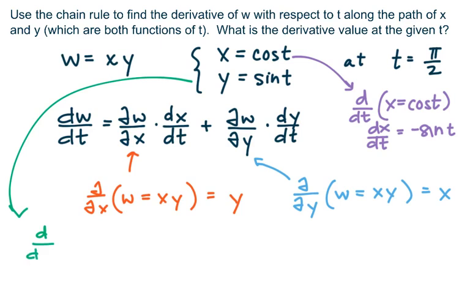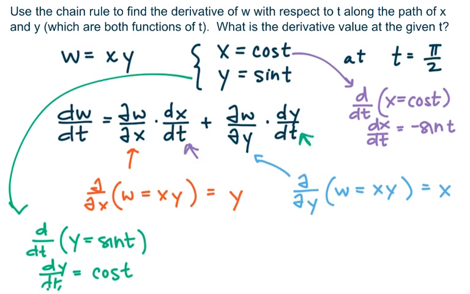The derivative with respect to t of y, which equals the sine of t. So that gives me, I prefer to write that below, dy dt, the derivative of sine, is cosine of t. So I now know my dy dt value and my dx dt value.